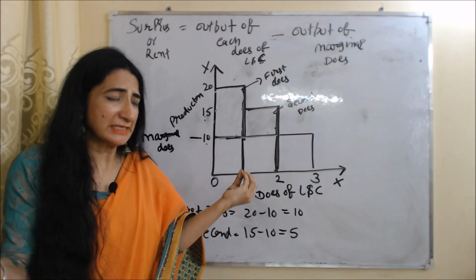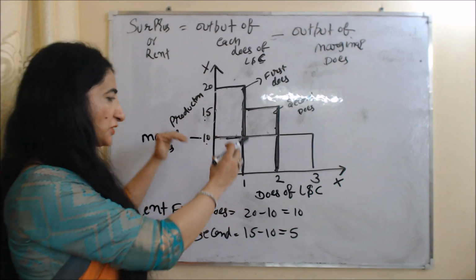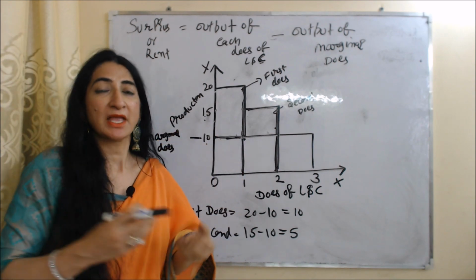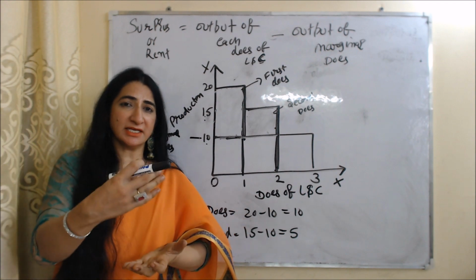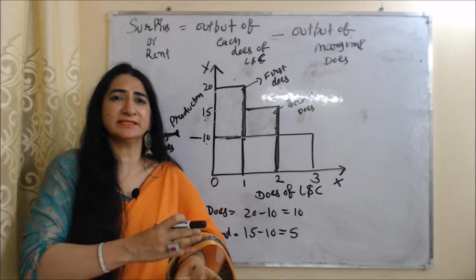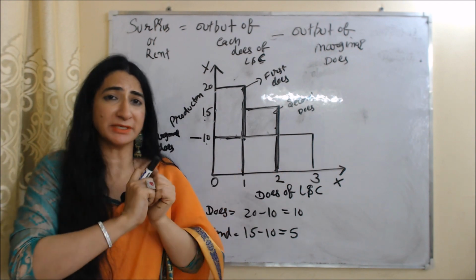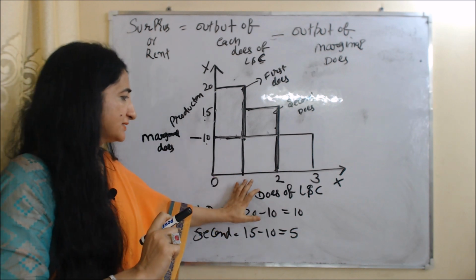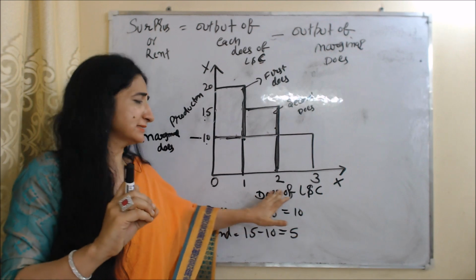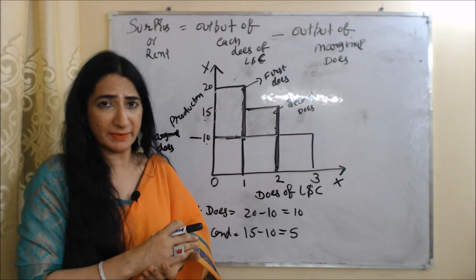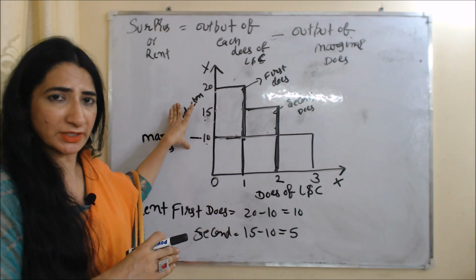Now we will clearly understand intensive cultivation with the help of this diagram. As we know, under intensive cultivation, we can increase output only by increasing labor and capital on the same piece of land. That's why in this diagram on the x-axis we have doses of labor and capital, or quantities of labor and capital, and on the y-axis we have production.